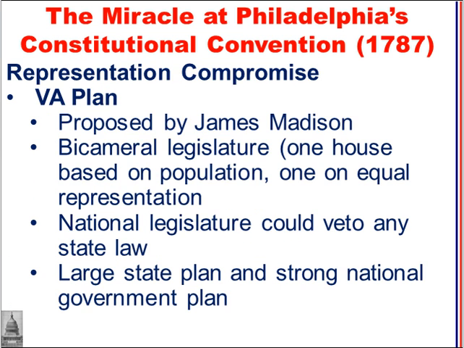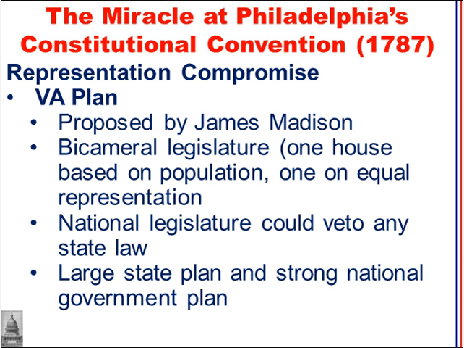Now, getting into those two plans that I mentioned a second ago, the Virginia Plan is the populous state plan. It's the plan for the big states. The Virginia Plan is the first general plan for the Constitution proposed by James Madison. Its key points were a bicameral legislature with one house based on population and one on equal representation, elected directly by the people.